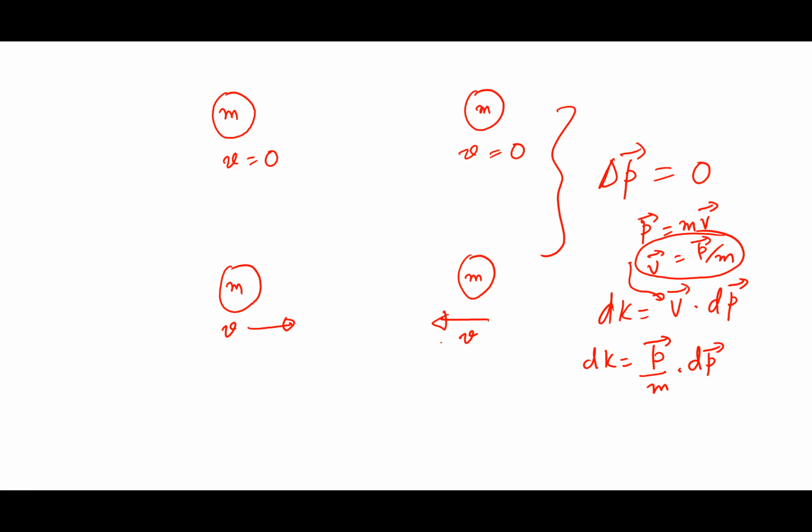And so if we want to get the full kinetic energy, we integrate. Full kinetic energy is the integral of dk, which is the integral of P dot dP over m, which gives us P squared by 2m, which is the same thing as half mv squared.